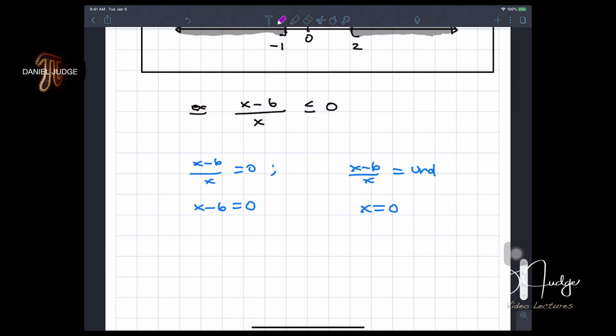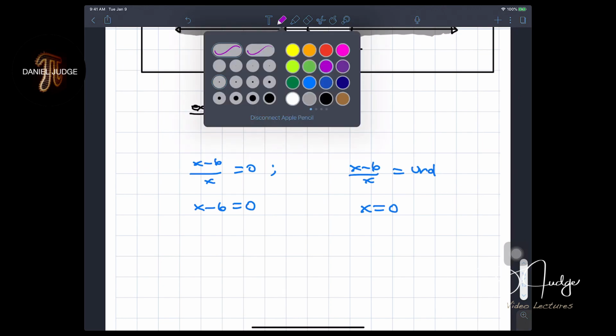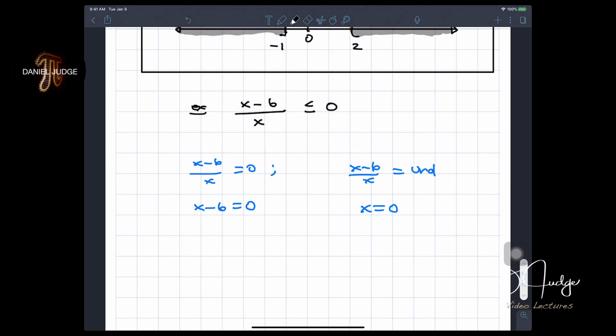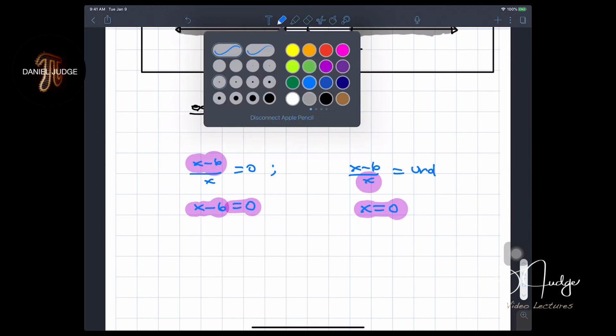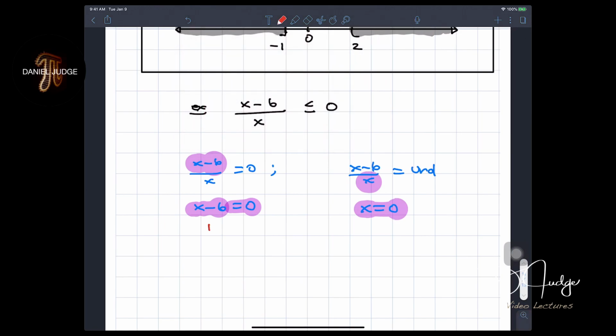So remember, numerator is 0, set that equal to 0. Denominator has to be 0. That's what they're talking about. So in the first case here, we get to add 6 to both sides, and then we end up with x being positive 6. We're going to use this.